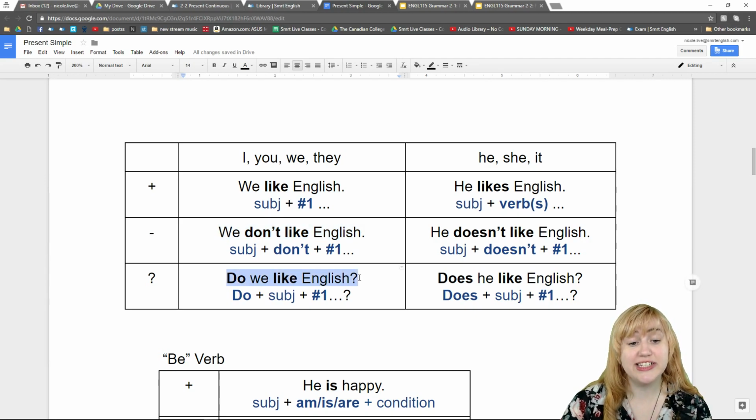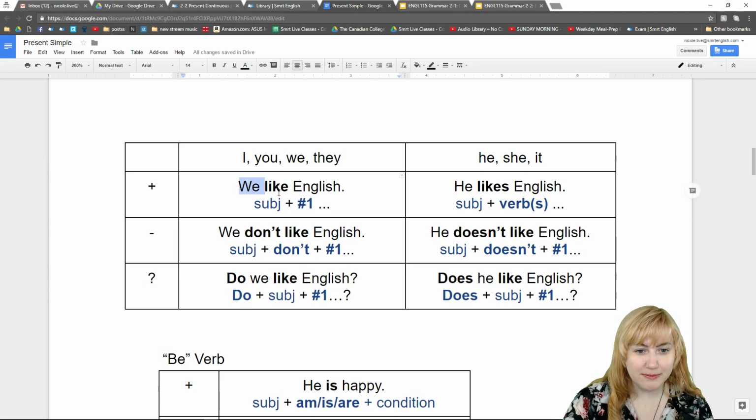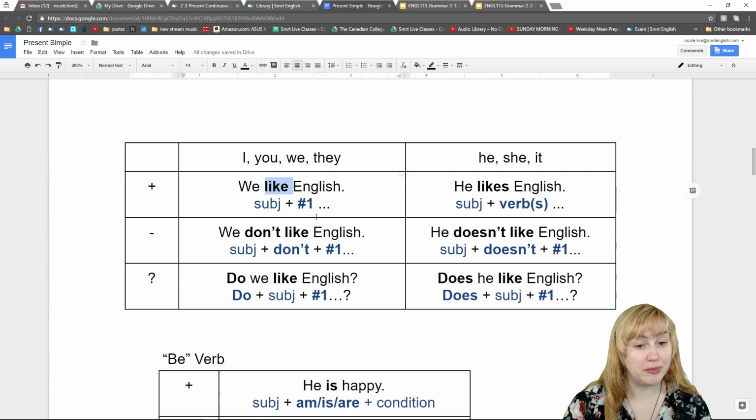And then our yes/no question is, do we like English? And we make the positive with a subject and a number one verb, an infinitive verb. Like go, went, gone, go. Like, liked, liked, like. This is our subject. This is our verb 1.